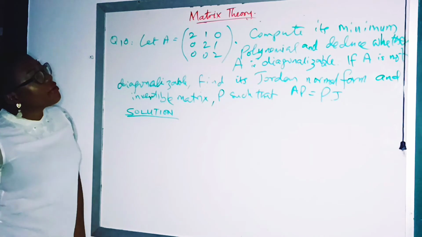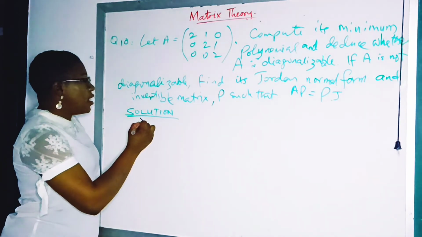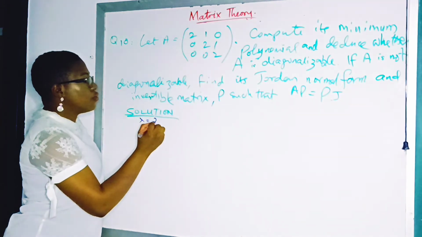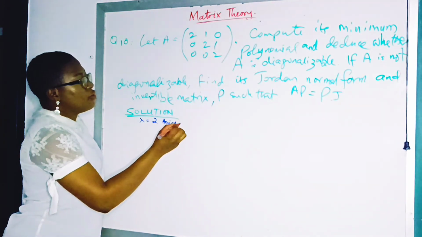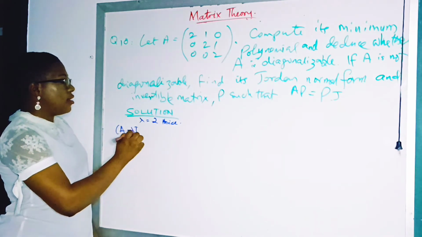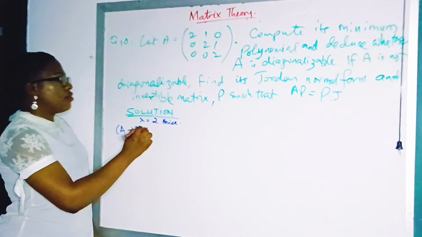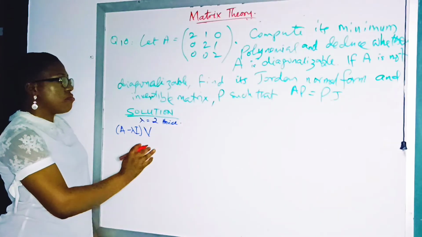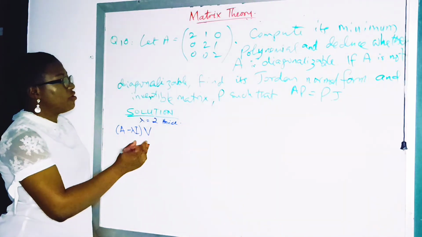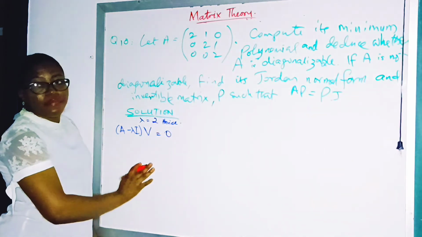So let's find P. How do we find P? We know that lambda is equal to 2 thrice. So we also know that A minus lambda I times a vector, let's call it V1, is equal to 0.